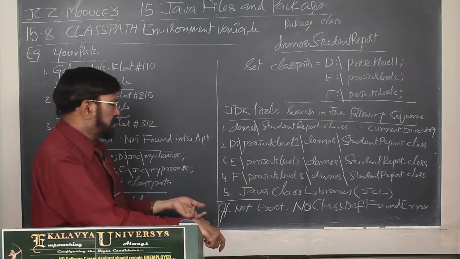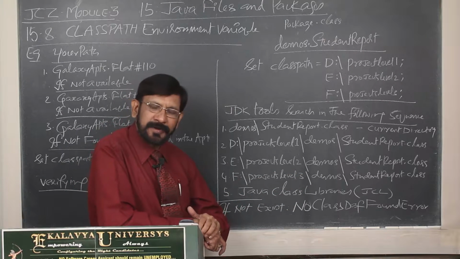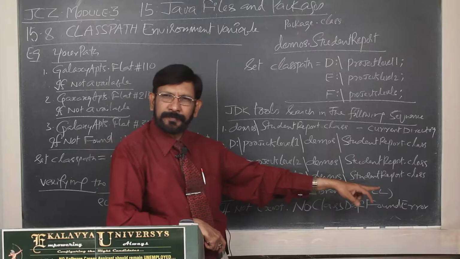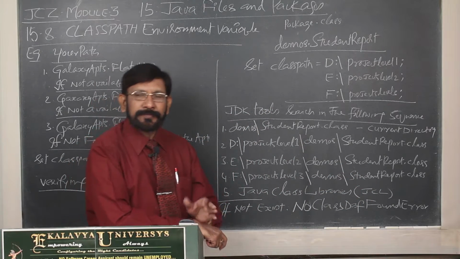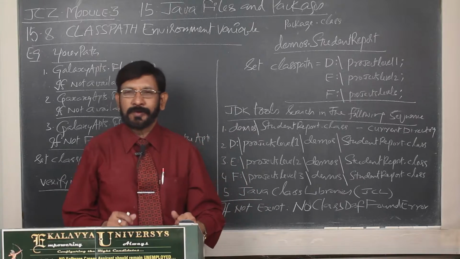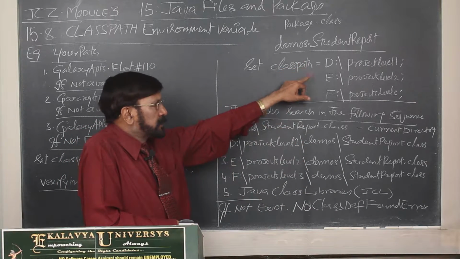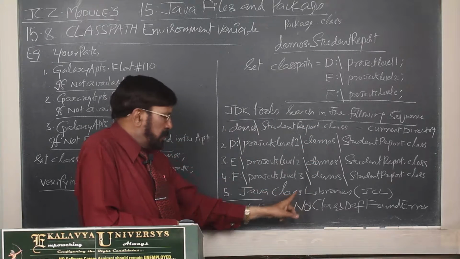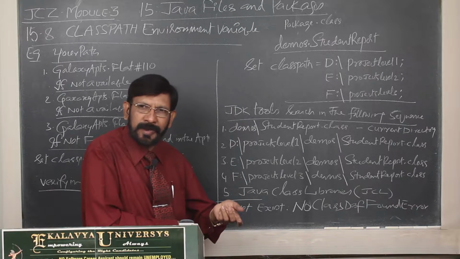There also it is not available, then it goes to the Java class library, JCL, then it searches in the Java class library. There also it is not available, that means the entire path, current directory or explicit class path, and the Java class library also it is not available.